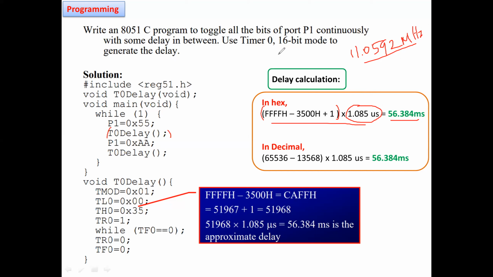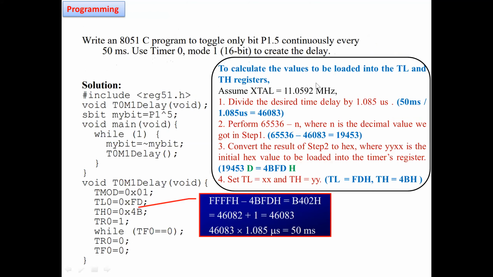Now let us see another program. Here we are going to discuss only the question, and directly we will write the program. We are going to write a C program to toggle only the bit port pin P1.5 continuously, like 1, 0, 1, 0, every 50 milliseconds.